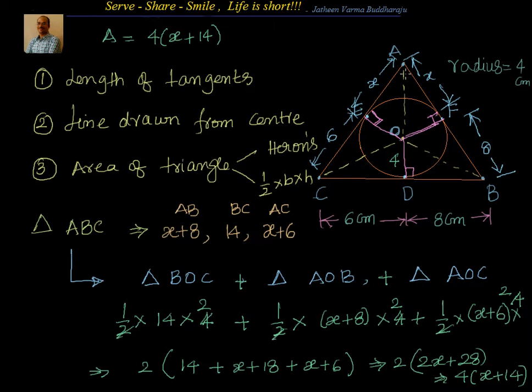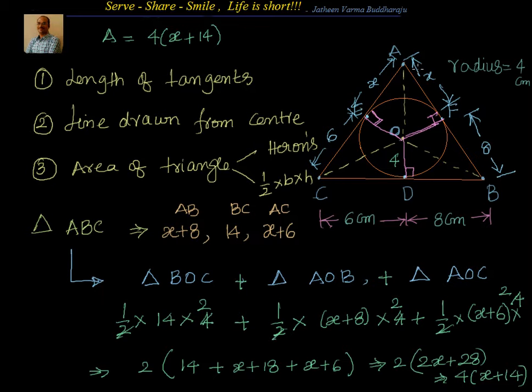Now once we have done that, we have found the sides of the triangle as x plus 8, 14 and x plus 6. Now how to find out the value of x? For that we will leverage the area of triangle. We will find out the area of triangle in 2 different ways. One, we will divide this triangle into 3 parts and find out the area by using the formula half into base into height.